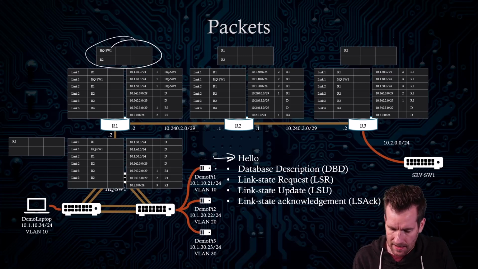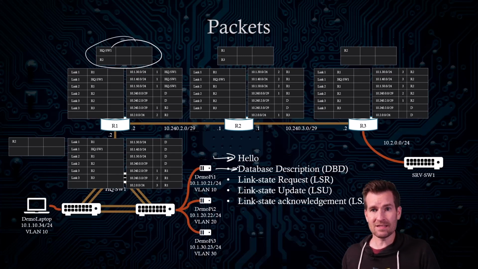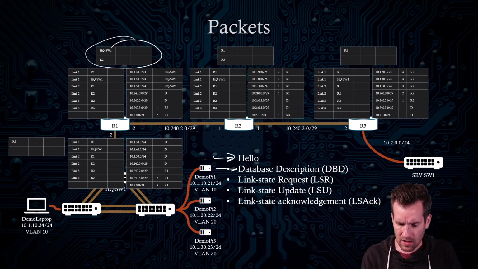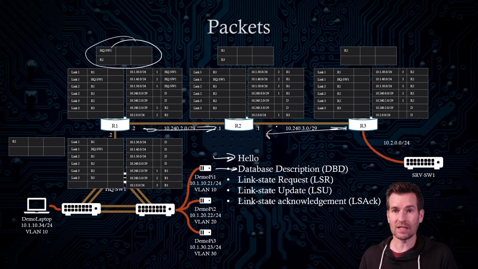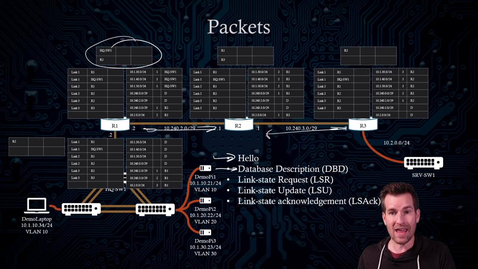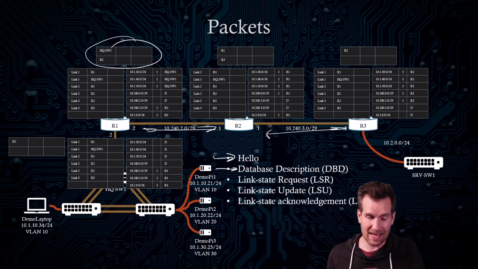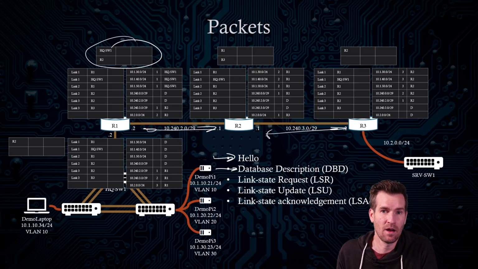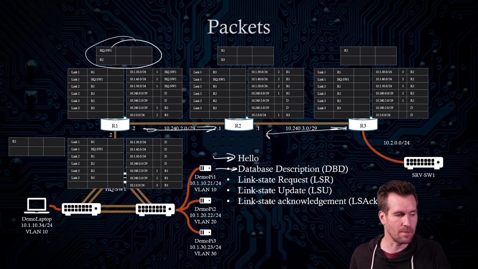Then we have the database description. The database description is communication that happens to make sure that all the databases are synchronized, that there are no changes that need to be made, and that everyone has the same revision number, essentially, of the database.